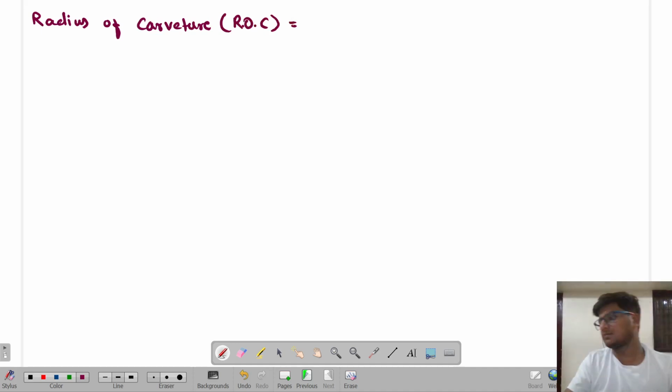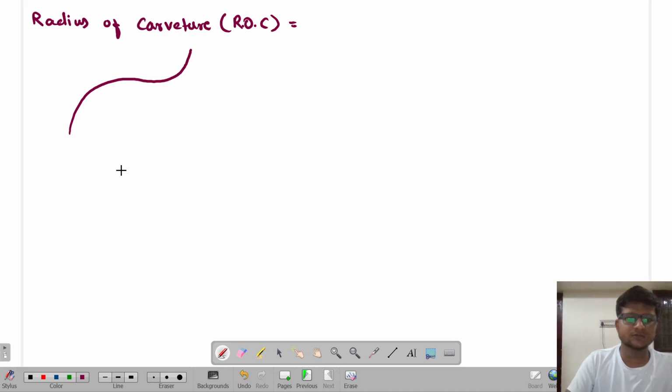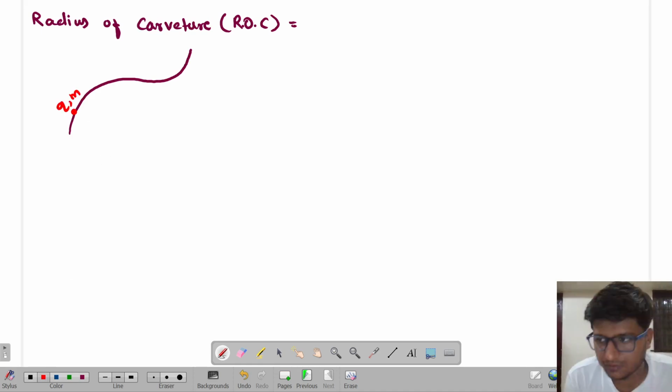Tell me. If this is a curved path, and this is my charged particle of mass m, then how do we find the radius of curvature? How did we actually used to do it?